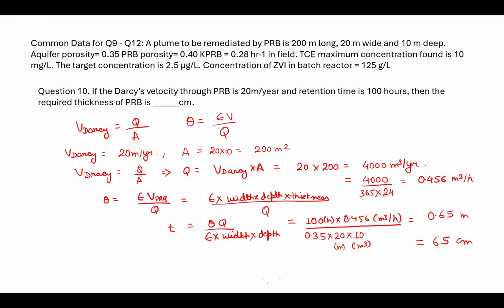So now let's move to the next question. Just give me a minute. I need to check whether we have to take the porosity of PRB or the aquifer. I think it is porosity of the PRB only.